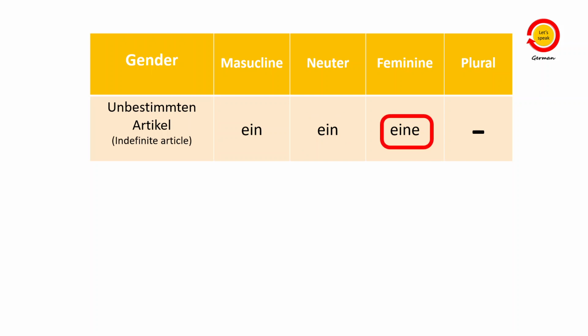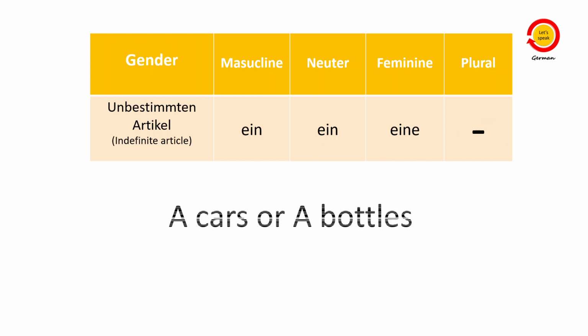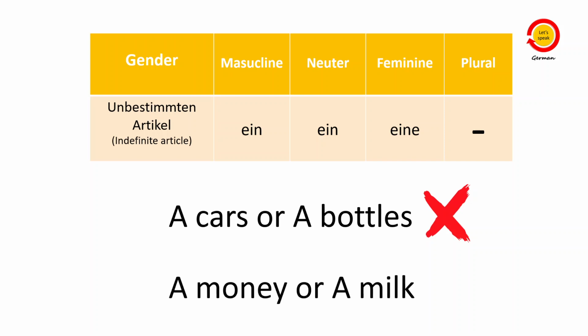And of course, there can be no plural form to this since a plural noun cannot have an indefinite article. We cannot say a cars or a bottles. That is utterly wrong. Also, we know that a and an cannot be used for uncountable nouns, like a money or a milk is inappropriate to use. Similar is the usage in German.